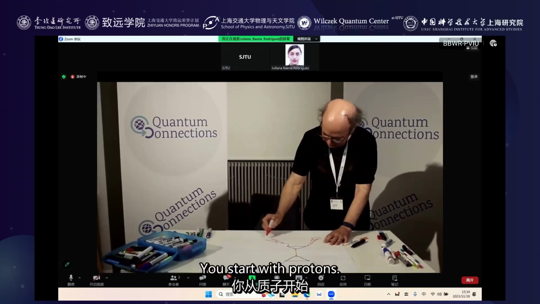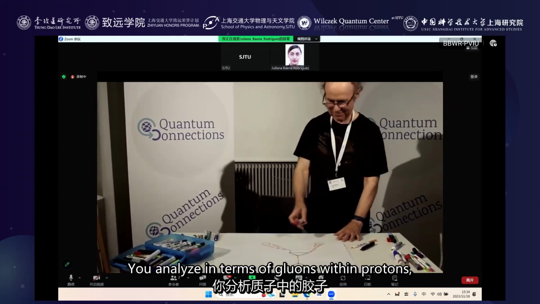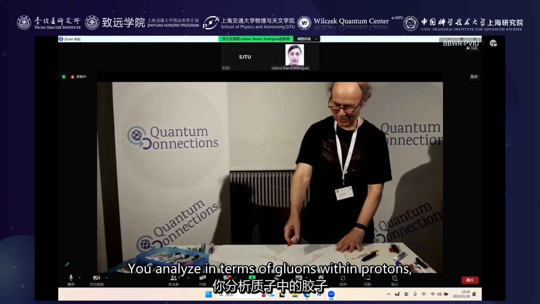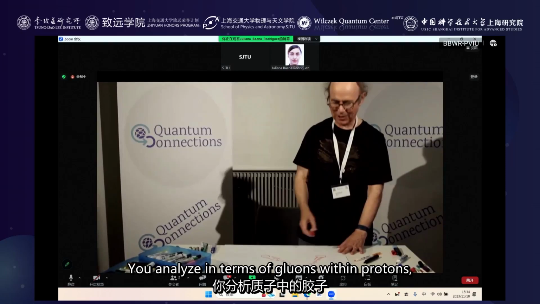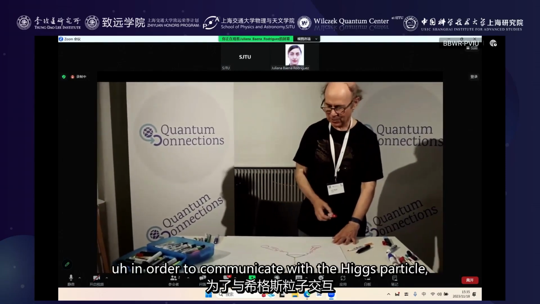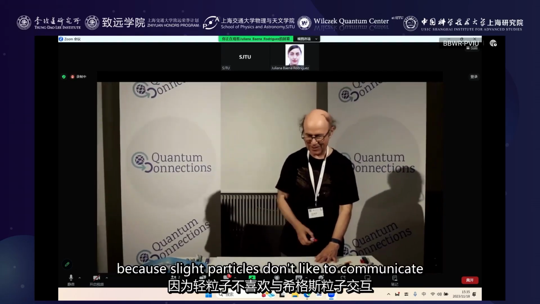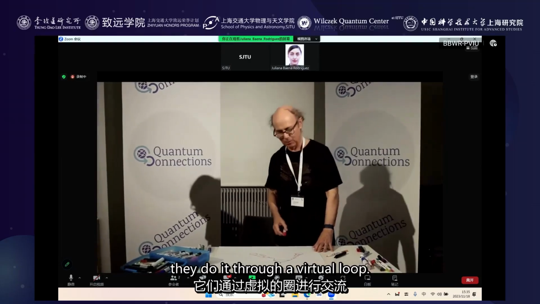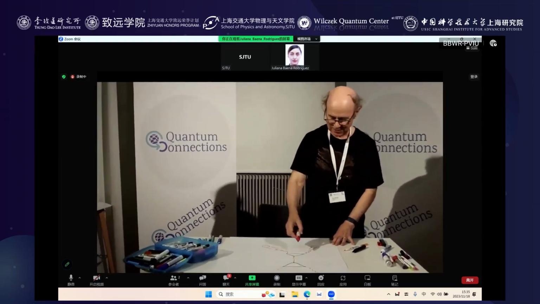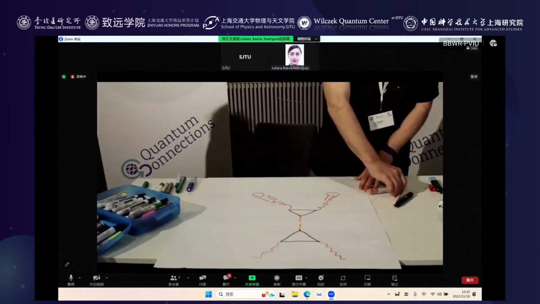And the underlying process is quite fascinating from the point of view of fundamental physics. It shows QCD in action at several stages. You start with protons, analyzed in terms of gluons within protons. The gluons, in order to communicate with the Higgs particle, because light particles don't like to communicate with the Higgs particle, do it through a virtual loop. Quantum mechanics comes in. The Higgs particle very fleetingly exists.